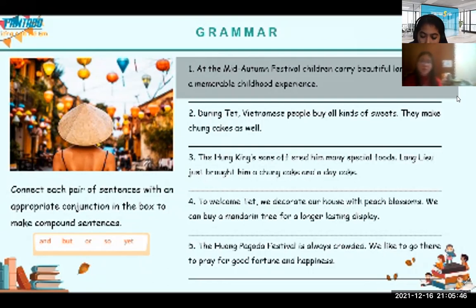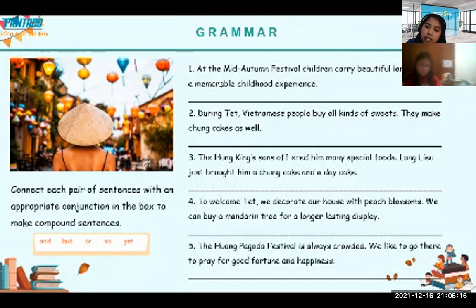At the Mid-Autumn Festival, children carry beautiful lanterns.